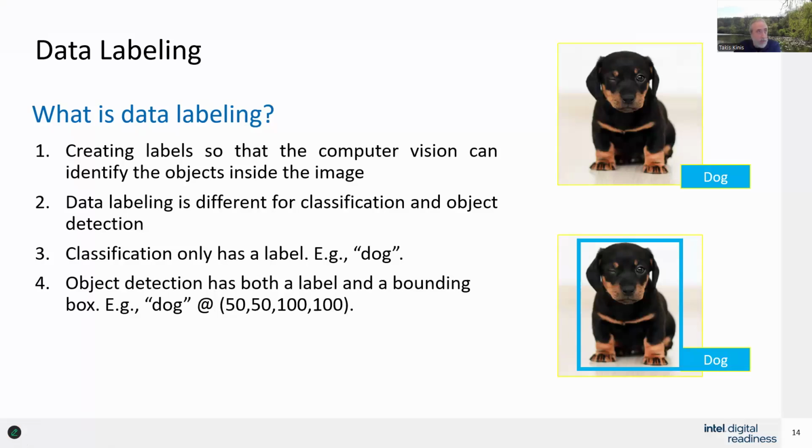We can look at a picture like the one that we see on the screen here. And because we've been trained as human beings from a child, how do you know that that's a dog? Well, at some point when you were a child, your parents probably said, "Oh, look, the cute little dog. It's a doggy," that kind of thing. And that's how your brain identifies it.